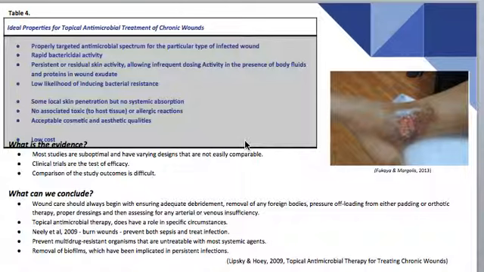Neely et al. 2009 believes its use for burn wounds, in which blood vessels to the skin are often destroyed, will help prevent both sepsis and treat infection. Topical treatments may also prove helpful with the increasing problem of multi-drug resistant organisms that are untreatable with most systemic agents. Another application is to aid the removal of biofilms, which have been implicated in persistent infections.